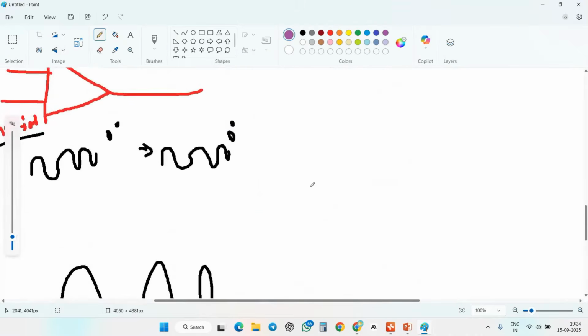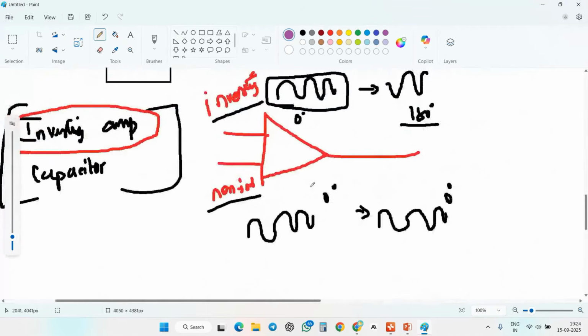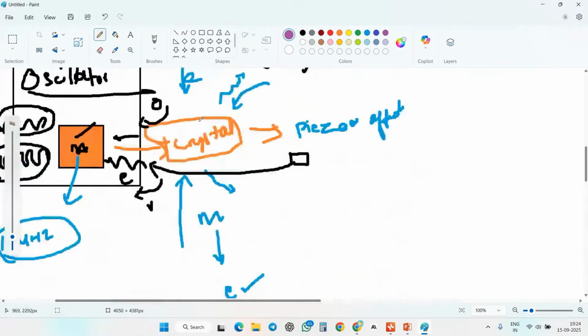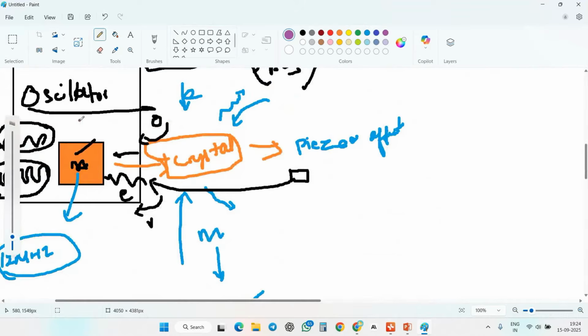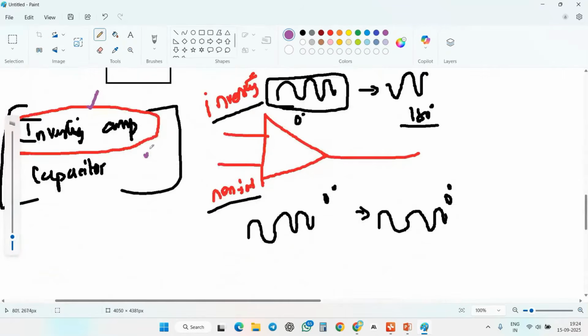Okay. In this scenario, we know that we are using an operational amplifier, but the purpose is an oscillator. Both have been merged here. My motto is that I need to use it as an oscillator, but the reason I bring in this amplifier is that I need to enhance and strengthen my signal.